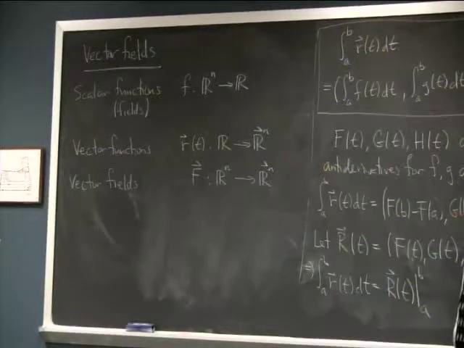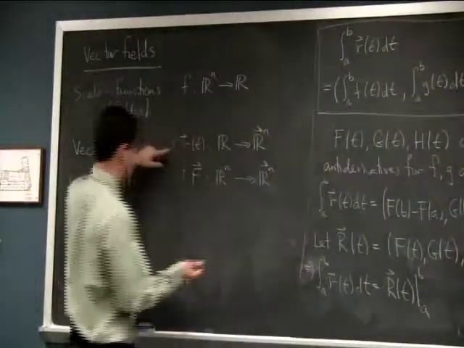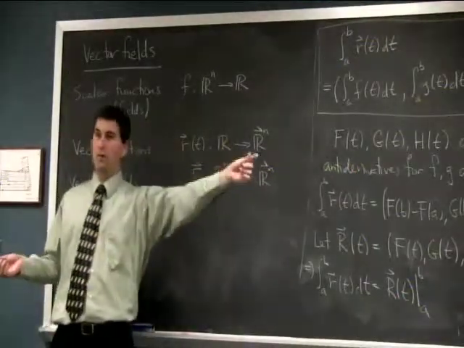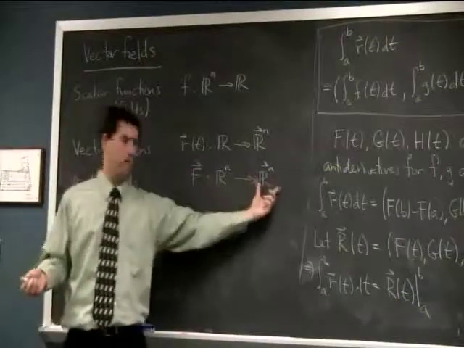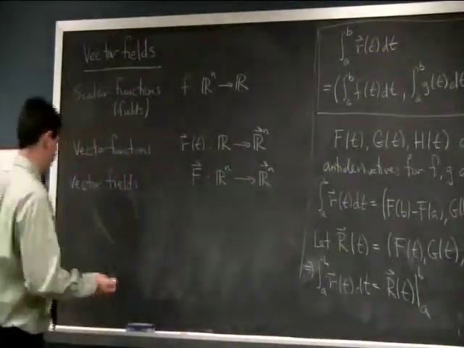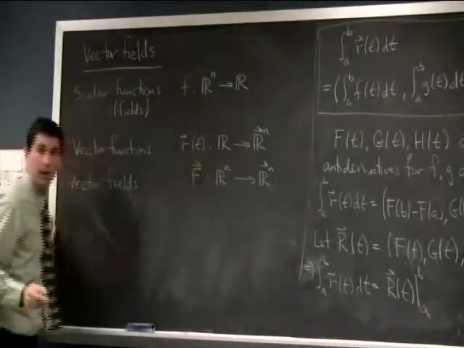Now, just like with vector functions, which spit out vectors and give you component functions, because F is spitting out vectors, you get component functions. So for instance, we're going to be very interested in vector fields when n equals 3.